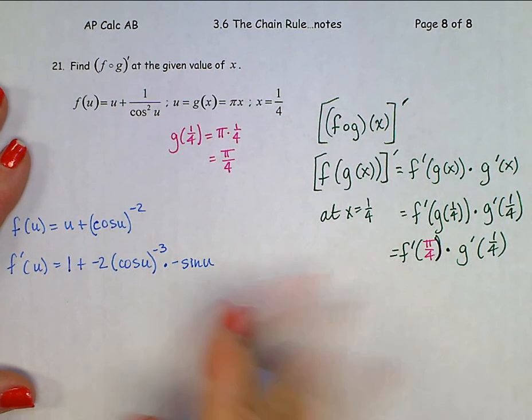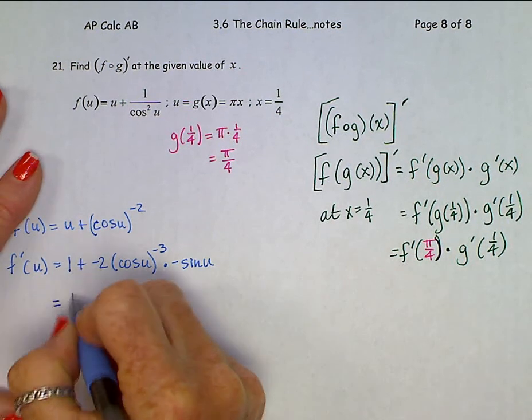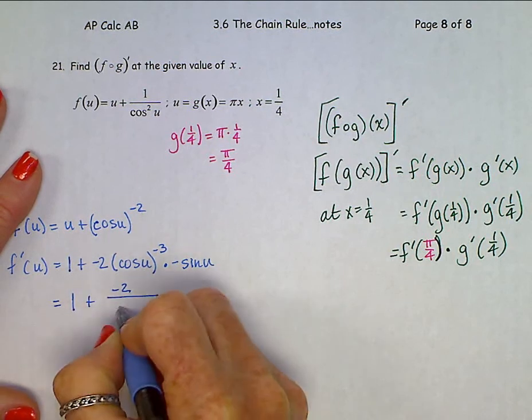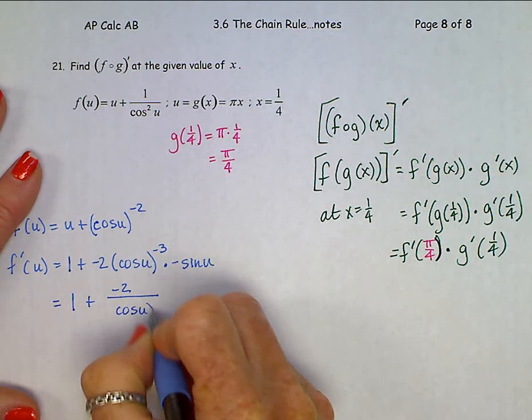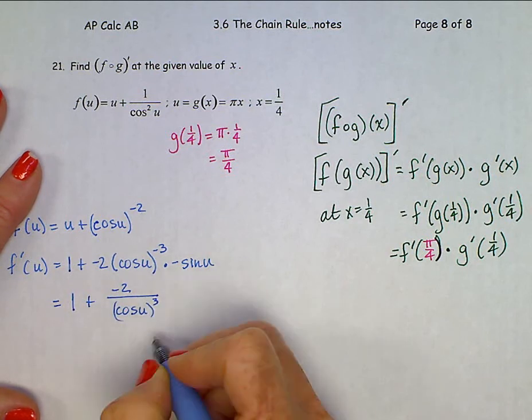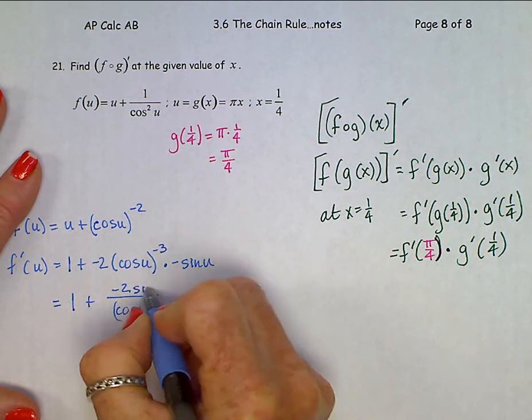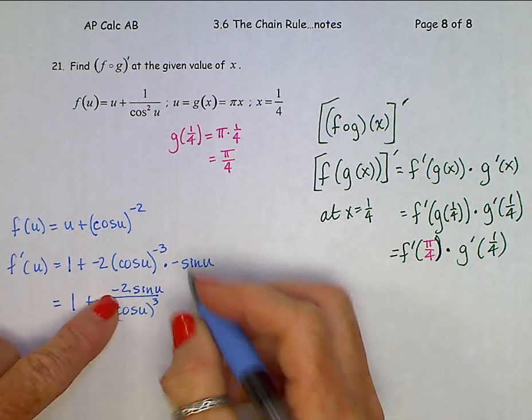And let's clean this up a bit. This is 1 plus, we'll have a -2 over cosine u cubed, times this negative sine u. I'm going to put that sine u up here and then get rid of that negative sign.